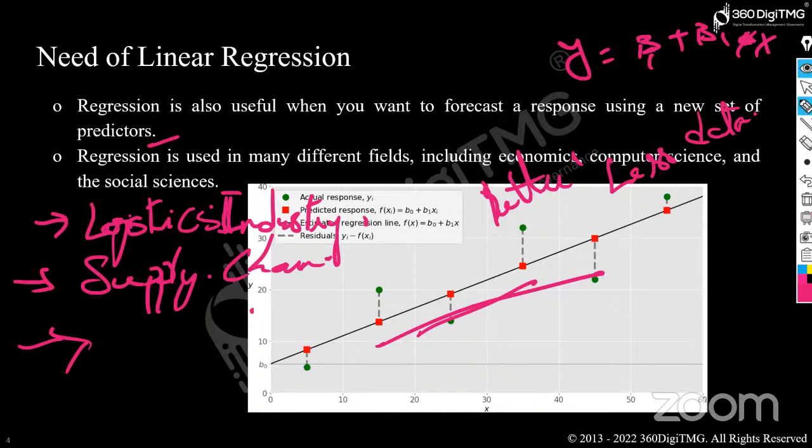Here, beta naught is equal to the mean of the y variable minus beta one into the mean of x.